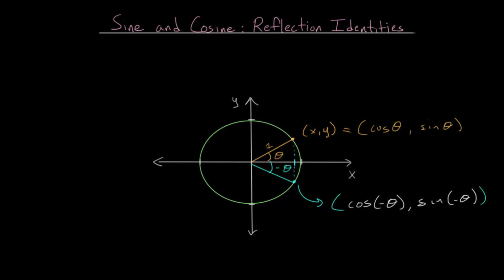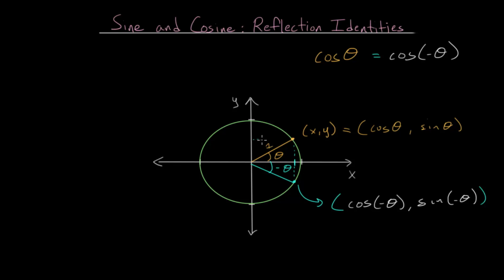And so we can conclude that the cosine of theta is equal to the cosine of negative theta. So if we put in, let's say, the cosine of 60 degrees, this is equal to the cosine of negative 60 degrees.